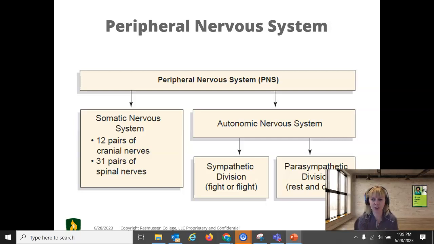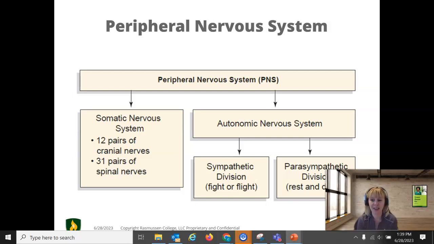Motor impulses transmitted to the muscles under conscious control belong to the somatic nervous system. So somatic is really what we call the voluntary system.